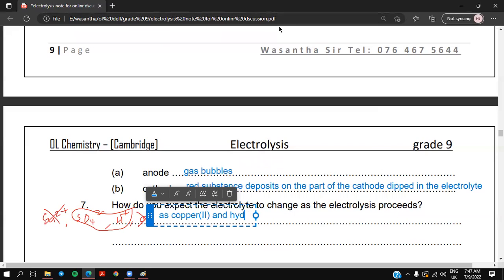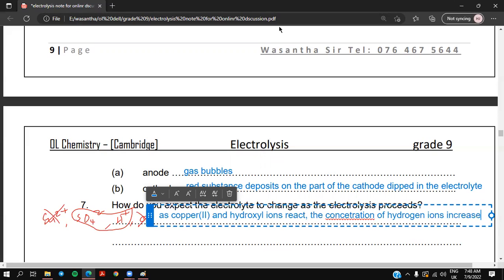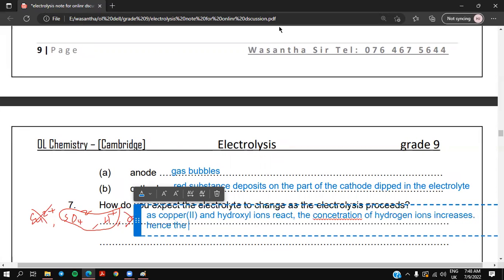As copper 2 and hydroxyl ions react, the concentration of hydrogen ions increases in the solution. Hence the solution becomes acidic.